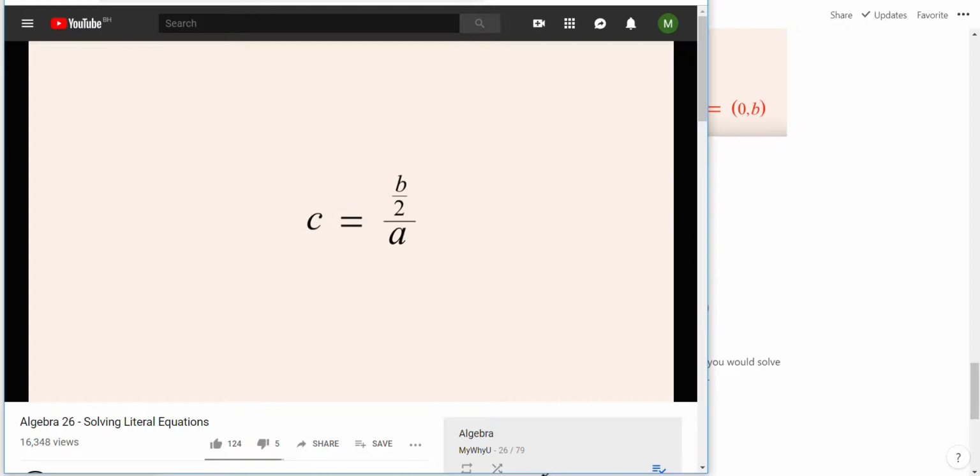We can simplify the complex fraction on the right, since dividing the fraction b over 2 in the numerator by a is the same as multiplying b over 2 by the reciprocal of a, which is 1 over a. Multiplying the numerators and denominators of the two fractions gives us b over 2a. Since this equation now contains the variable c alone on the left side, we have solved the equation for c.